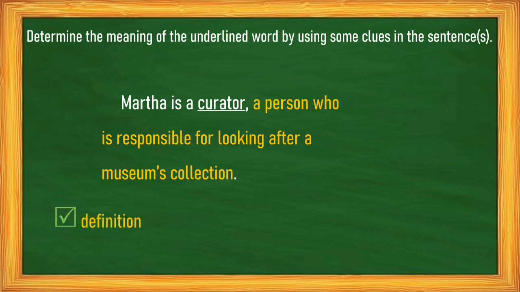Amazing. That is definition. Now let's take a look at our sentence. A curator is a term, person is the genus or the class, and who is responsible for looking after a museum's collection is our differentiating characteristics. So we have the three parts of a definition.